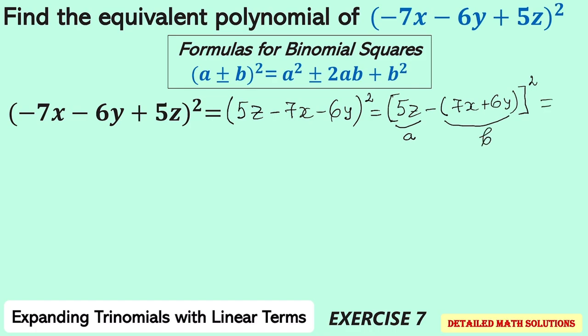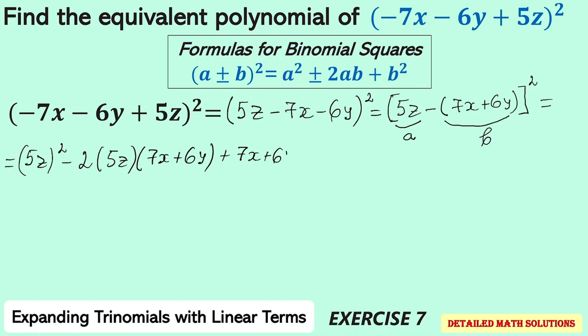And when I apply the formula for a minus b in parentheses squared, this equals 5z in parentheses squared minus 2 times 5z multiplied by 7x plus 6y plus 7x plus 6y in parentheses squared.